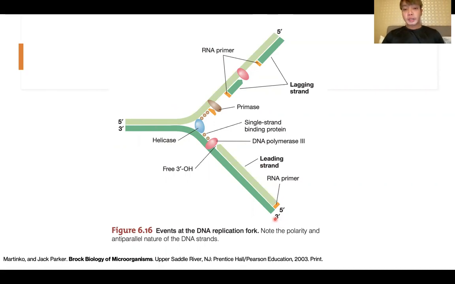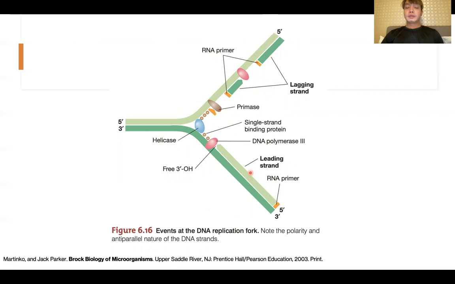So, take note, this portion of the DNA is what we call the DNA replication fork. At the DNA replication fork, we have a lot of enzymes, and this is also the site of DNA replication.